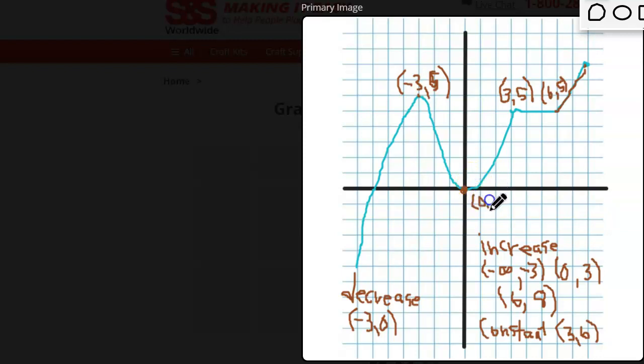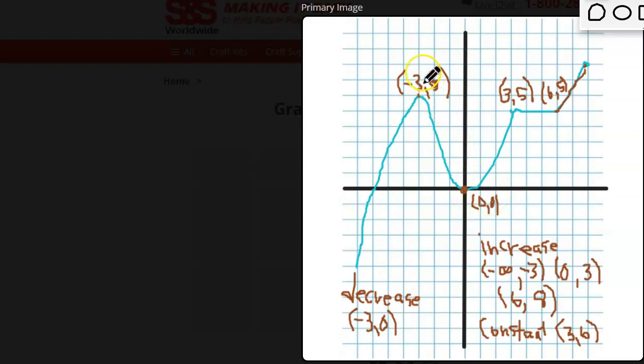And we will call these relative maximums and relative minimums because they're high points in comparison to everything that is close to them, and this is a low point in comparison to everything that's close to it. But notice that really down here, there are points that are lower than 0, 0.